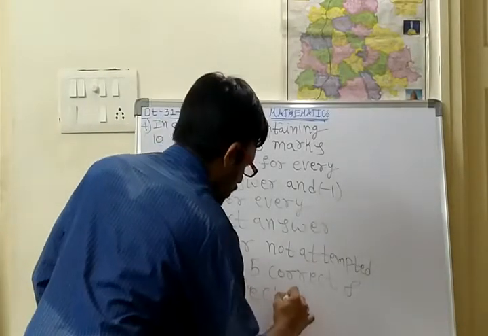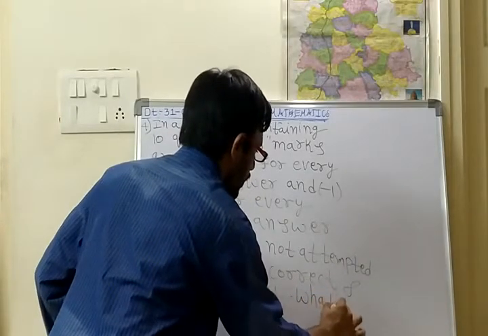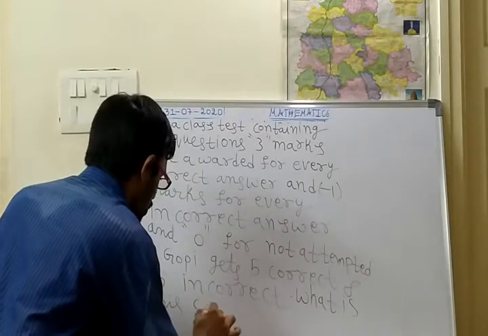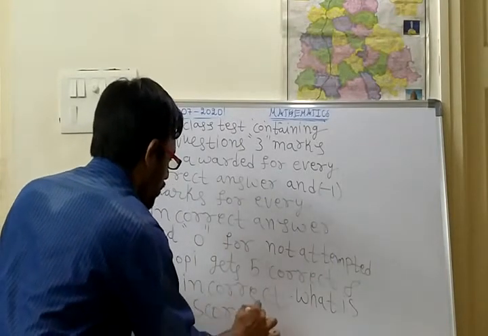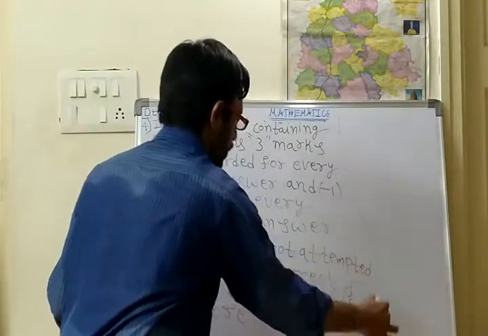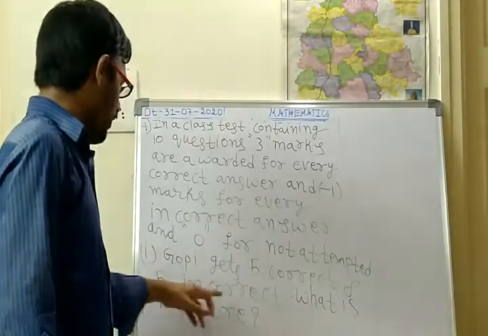What is his score? You should try to find out this question. So he has got 5 correct answers and 5 incorrect answers. So what is his score, he is asking.